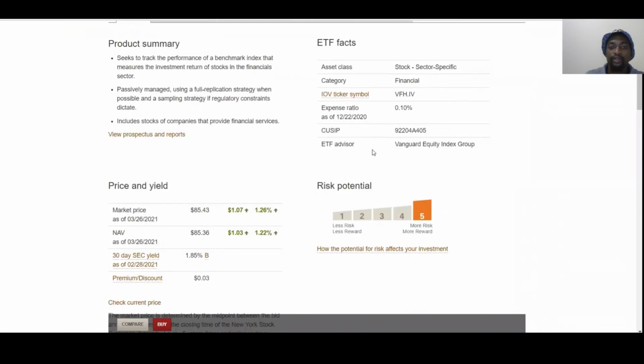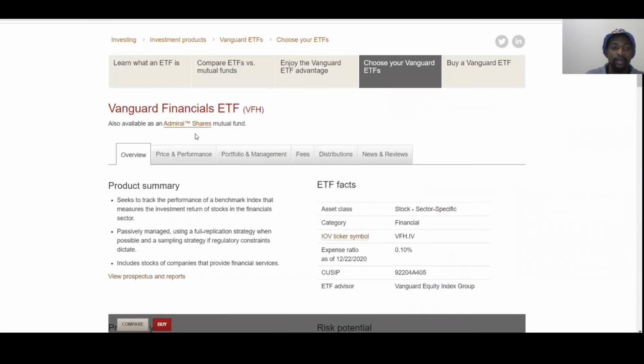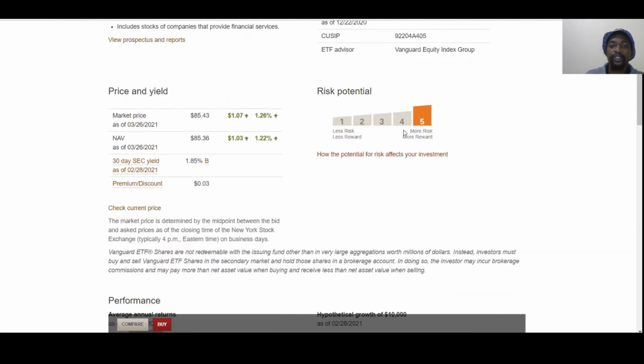It also has an expense ratio of 0.1%. It's an index benchmark for stocks that are involved in the financial sector. It's passively managed, as you can see. It invests in stocks that provide financial services. It also has a risk of 5.